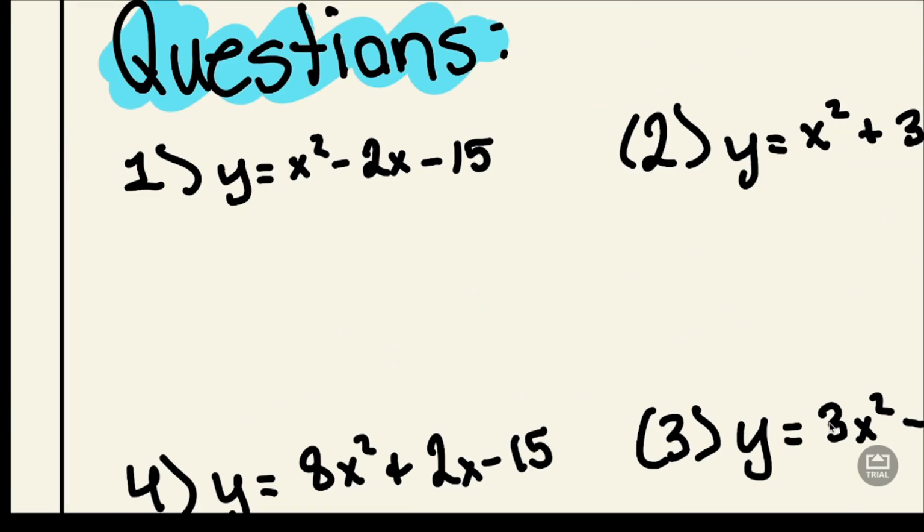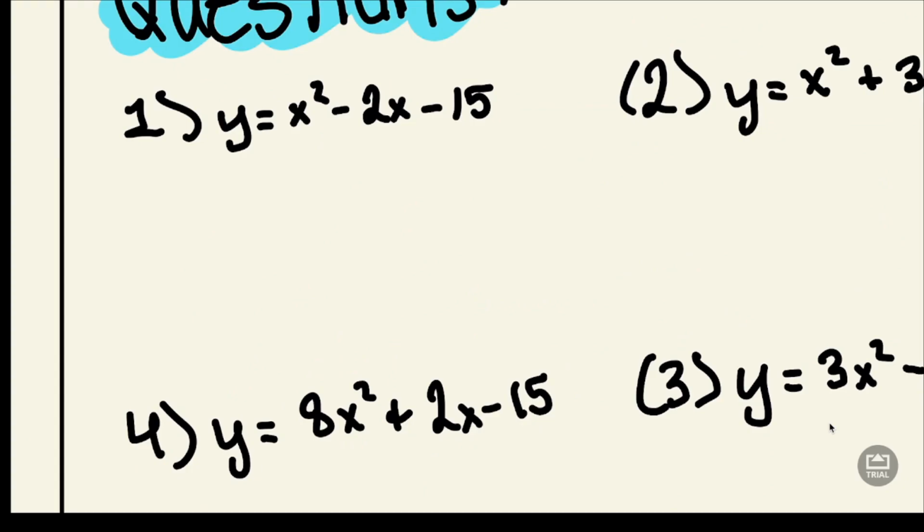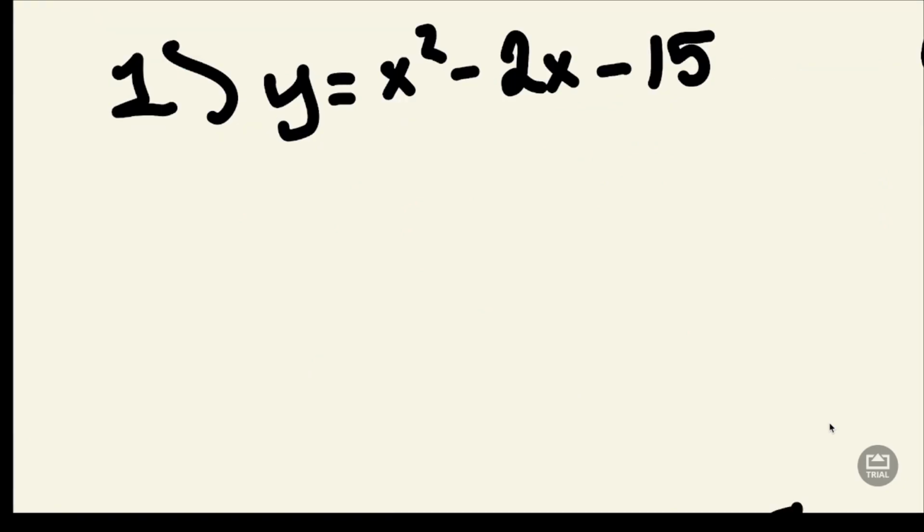It's not that hard. All you have to do is look at the last term and then look at the middle term. It can get more complex if there is an a value.